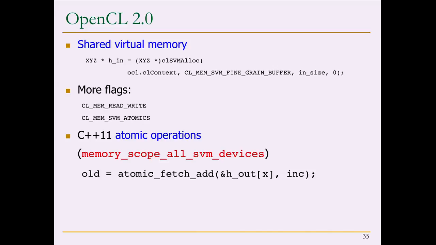It is possible in C++11 to indicate the memory scope, and in particular, when we want to use system-wide atomics, we need to use this all SVM devices memory scope, just to indicate that in this case, this H out can be modified from any of the available devices in the system. In the particular case we are discussing, these devices are CPU cores or CPU or GPU, okay?